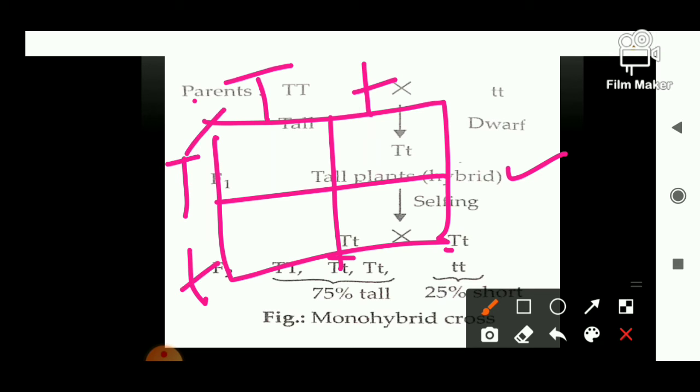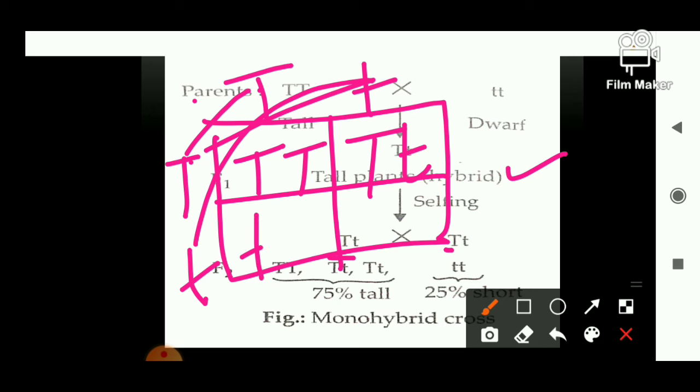Now the first combination will be TT, the second combination will be capital T small t, the third combination may be small t and capital T, and the fourth combination may be small t and small t, right.